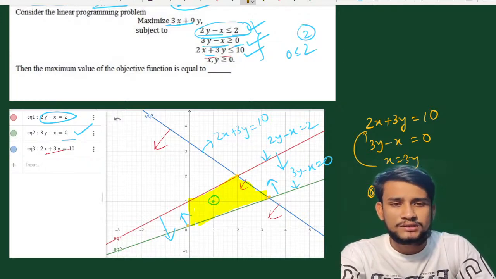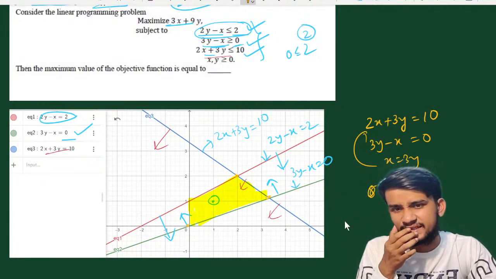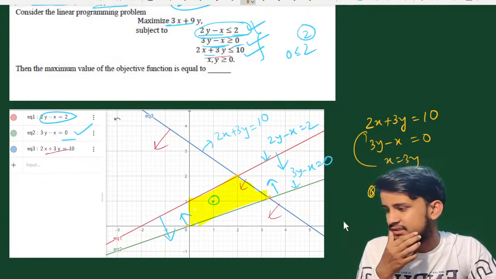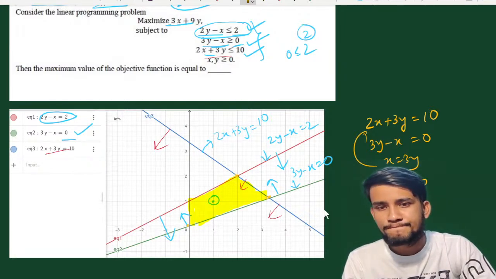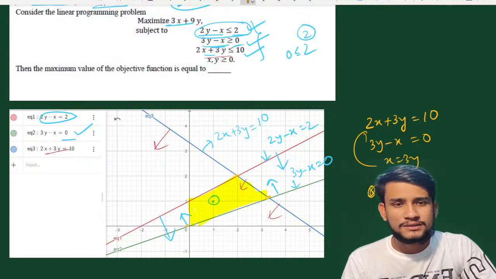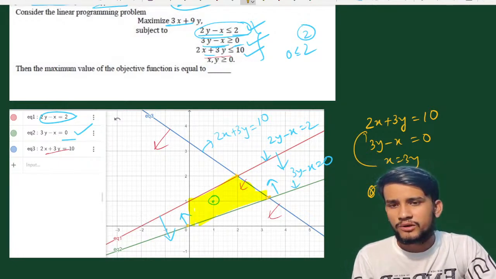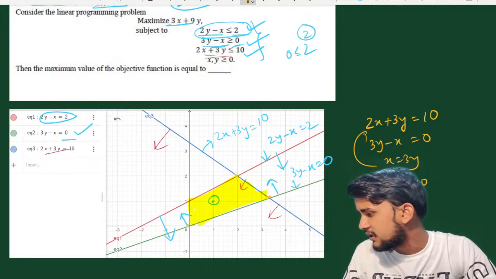This gives x equal to, just a second, I think this is wrong, just a second. Yes, this is the corner point. Just a second.